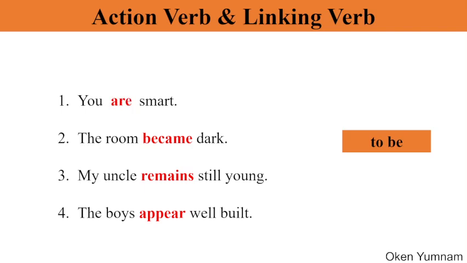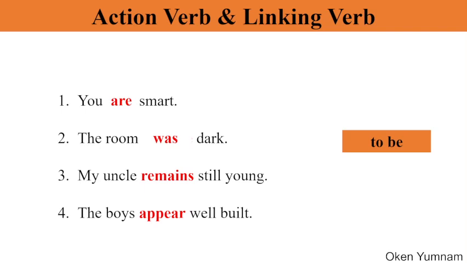Yes, we can change. That means this look is a linking verb because we can change it with a be verb. Similarly, the room became dark. We can change it to the room was dark. So it was a linking verb.